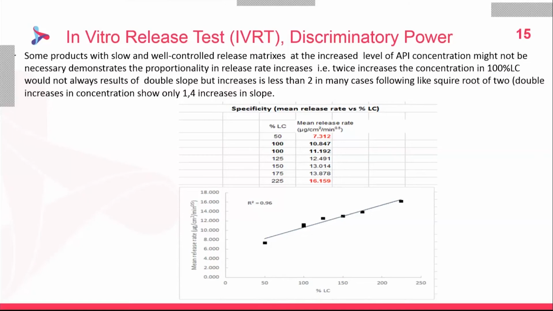It is not because the method is not sensitive, but because of the nature of the diffusion process. For some variables, it is slow and well controlled. The IVRT method has been optimized with all feasible conditions, but still 150% label claim is within the 75 to 133 range.